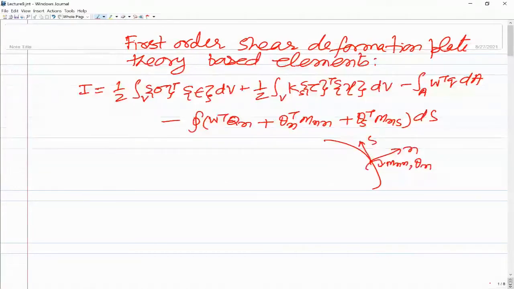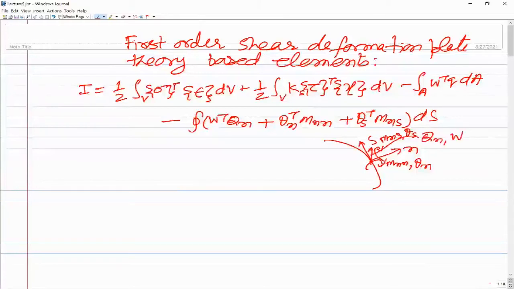And we had mns, and theta s about the same. And in the z direction we have qn and w. Based on that, this is how the boundary terms were written.